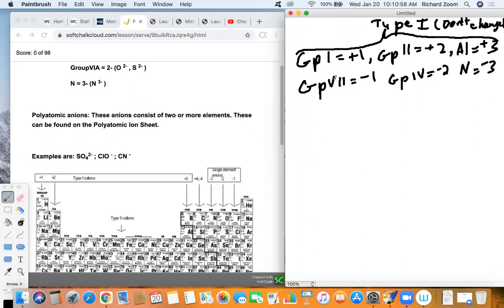The other ones that are in the middle, we call them type 2 cations because type 2 cations can have more than one charge. And this has an effect on how we name them as well.